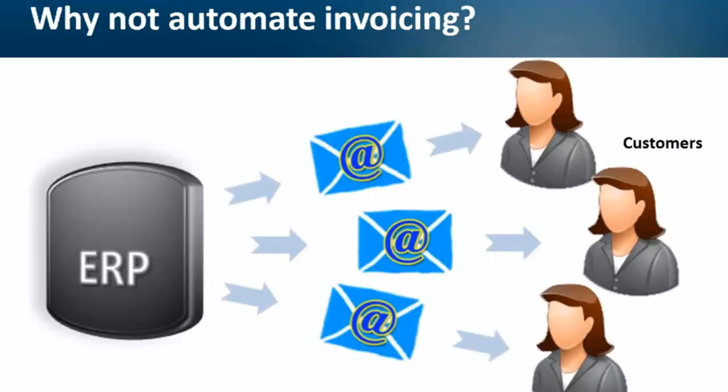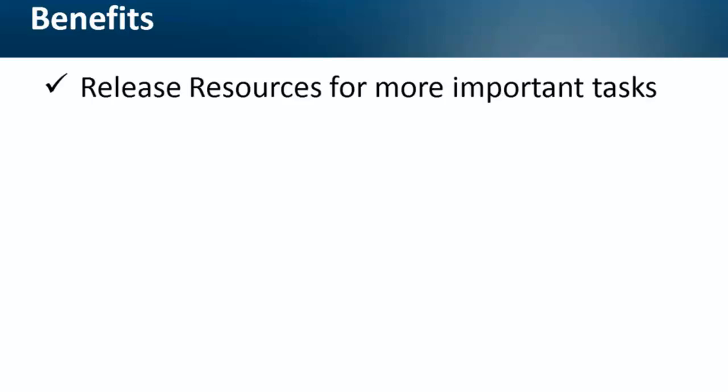That leads us to a question: why don't we automate this process? What if the system would print the invoices and send them out to your customers automatically? What kind of benefits will it give us? First off, you'll be able to release people's resources to more important tasks.